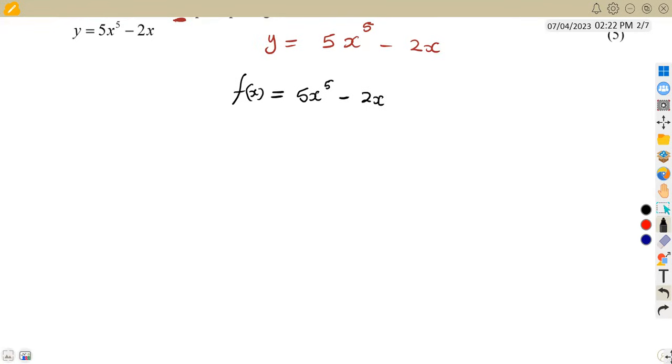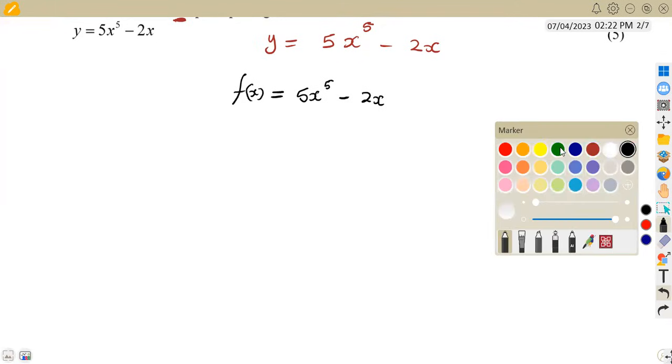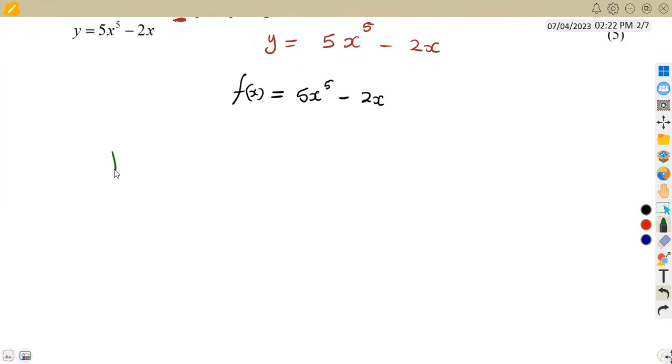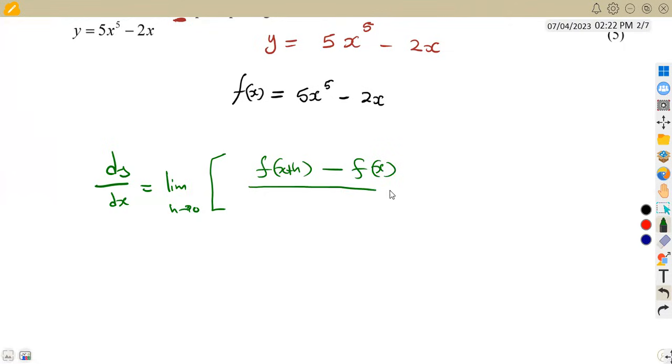If we consider the formula that we wrote before, we said the derivative of y with respect to x can be given as the limit of h approaching 0 of f of x plus h minus f of x, everything over h.